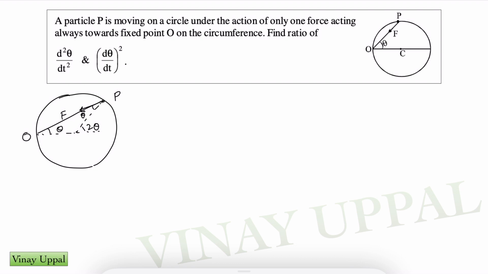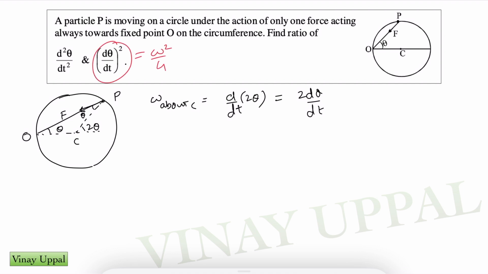The angle subtended at the center is 2 theta. Now what is being asked? Can I say that the angular velocity of the particle about the center would be d by dt of 2 theta, so 2 d theta by dt. So d theta by dt the whole square is basically omega squared by 4 from this.